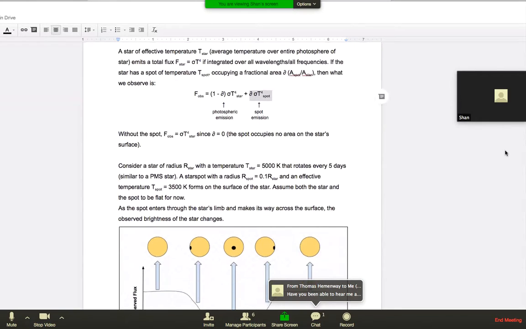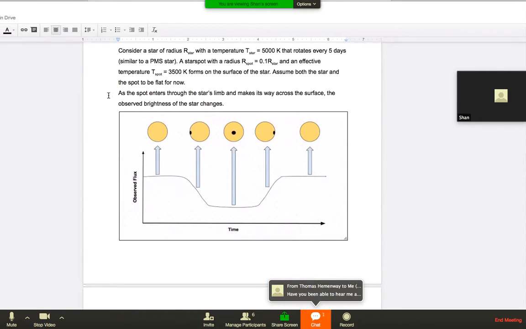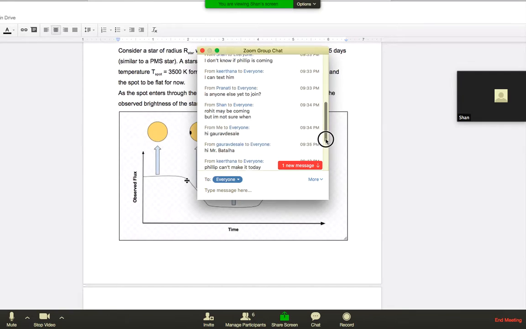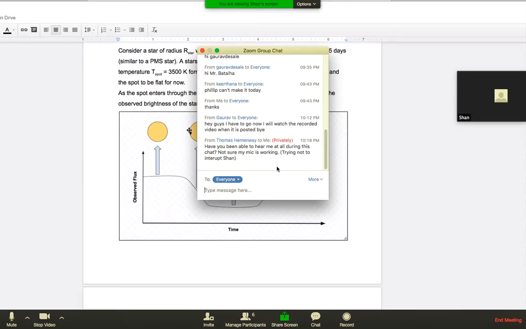As the spot enters through the star's limb and makes its way across the surface, the observed brightness of the star changes. Here you have a star with no star spot, so it has a stable flux. Then your star spot starts to move in, and that causes the flux to decrease.